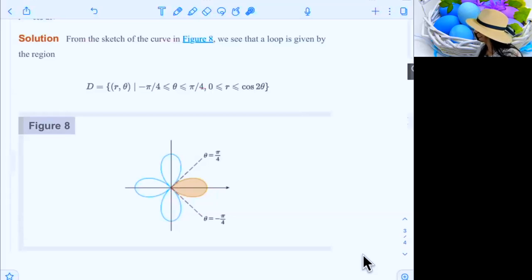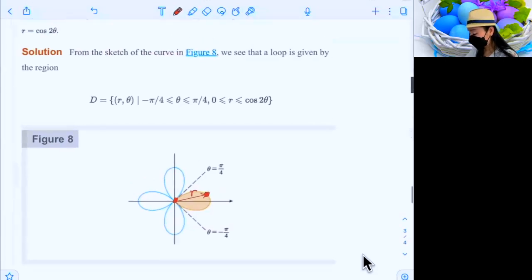And what happened to the r? In order for you to see r, it's better to draw a segment like this, starting from the origin and pointing to the outer boundary. So r goes from 0 all the way to this outer boundary, which is r equal to cosine 2 theta.